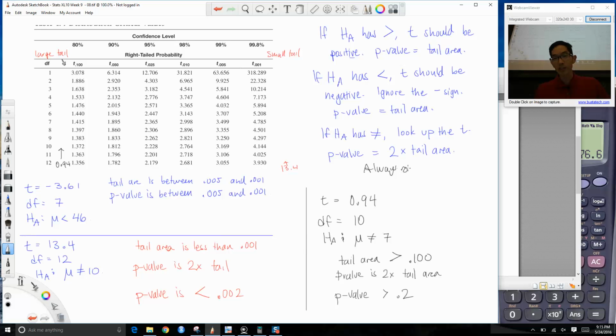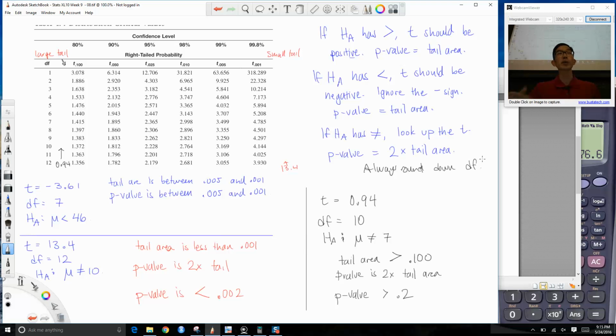Now some people might disagree with that, but if you look at your table, we're missing values like 31, 32, 33, and things like that. So let's say you have 38 degrees of freedom. Normally, if you were rounding to the nearest number, 40 is closer to 38, but that would be rounding up.